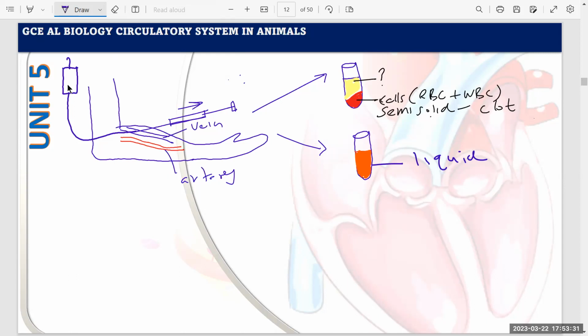That's called blood transfusion. Now, in this case, it stays as a liquid, at least for, let's say, 2 hours.